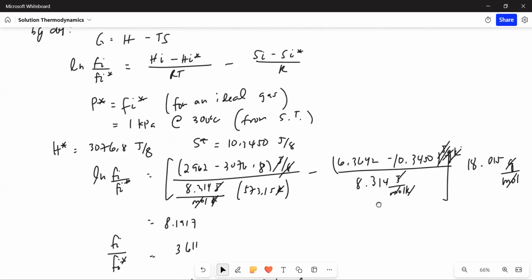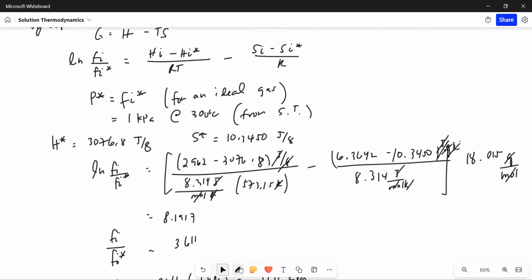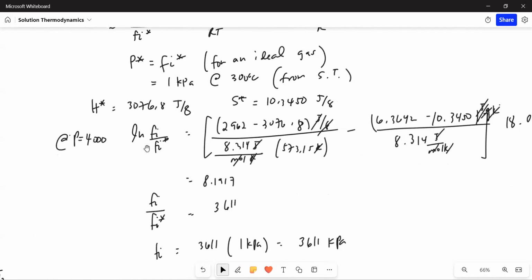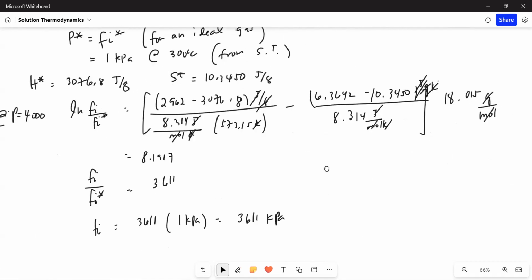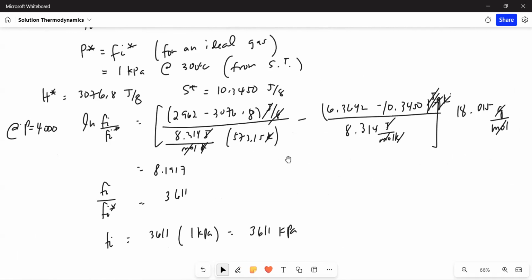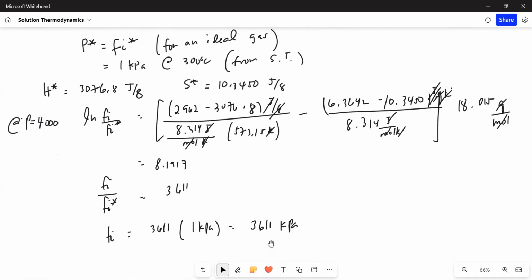And this is at pressure. Oh, I didn't write it. Let me write it here, at P equal to 4,000. This is our sample. So 4,000 compared to the fugacity 3,611.